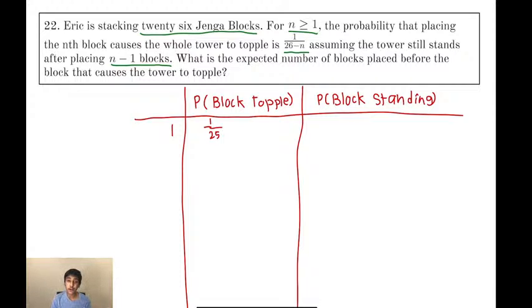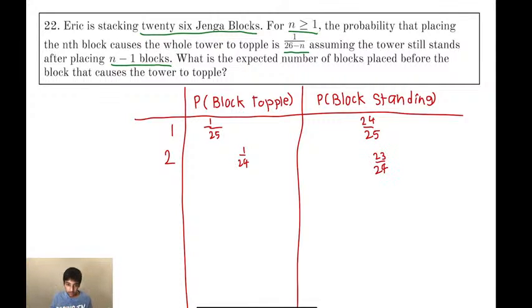What is the probability the first block will remain standing? 24 over 25. Now, what's the probability the second block will topple? That's just going to be 1 over 24, and the probability the second block will remain standing is 23 over 24.